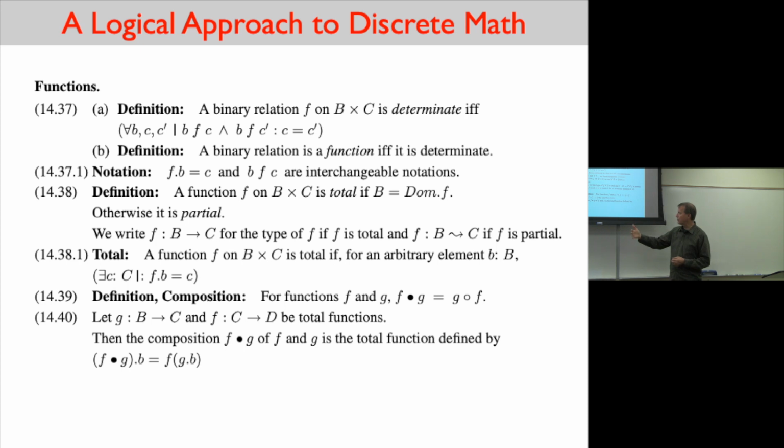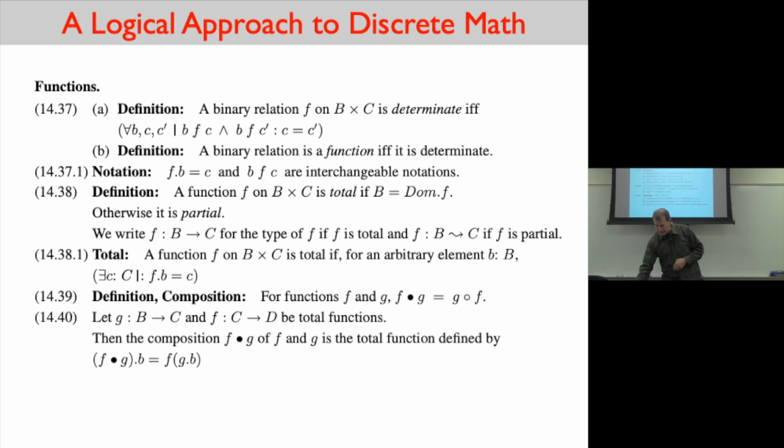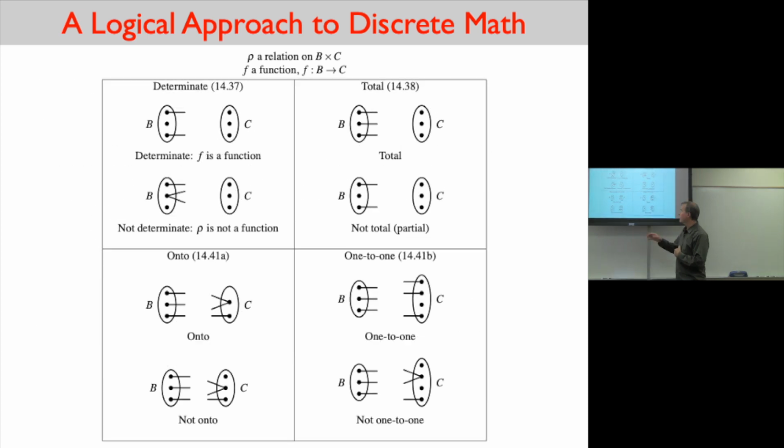If it's total going from B to C, and total going from C to D, then the composition F composed G is the total function defined by (F composed G)(b) equals F of G of b. We'll come back and illustrate these, but I want us to do all four of these at once.